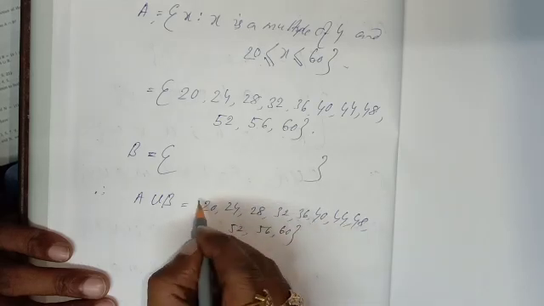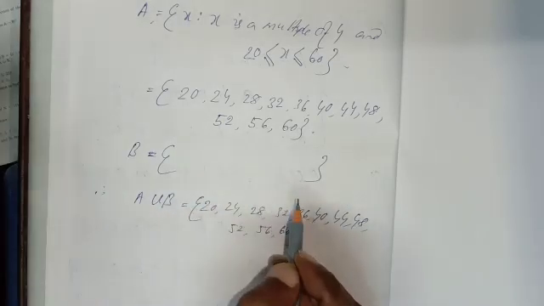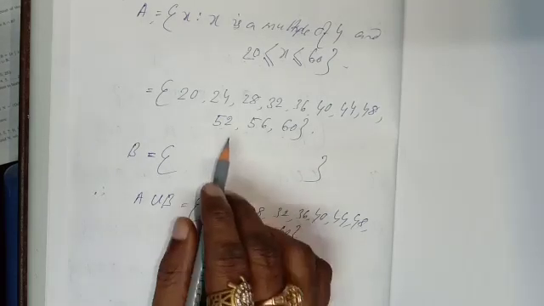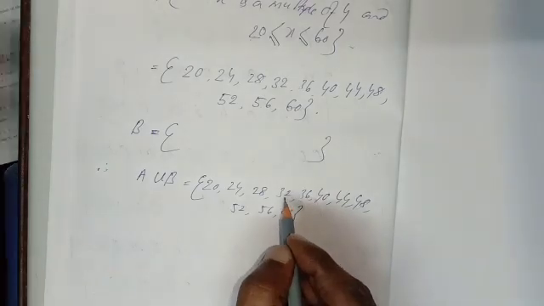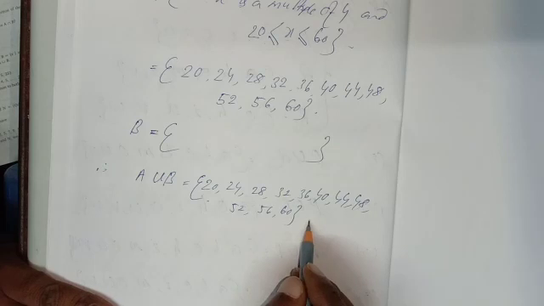They are the elements present in the set U, and B is not mentioned. If B has fewer elements than this, you have to write only A. As B set is not mentioned, just write A union B is equal to A set.